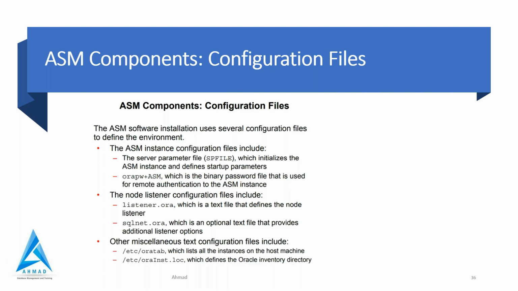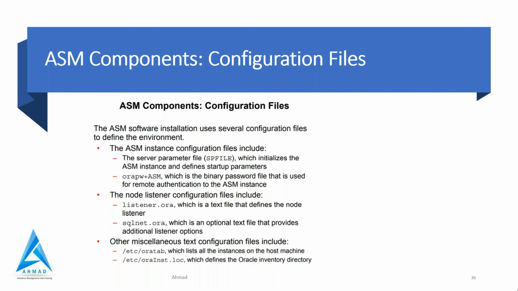Other text configuration files reside in /etc/oratab, which lists all the instances you have on that machine. This is another interview question: from which file do you get the information of all instances on your host machine? The answer is oratab. And oraInst.loc defines the Oracle inventory directory.